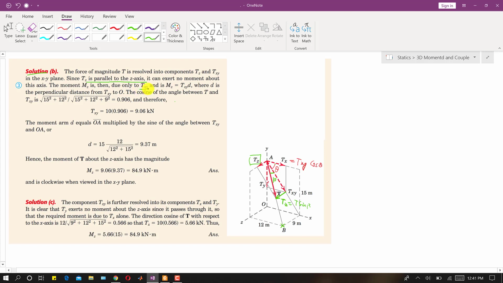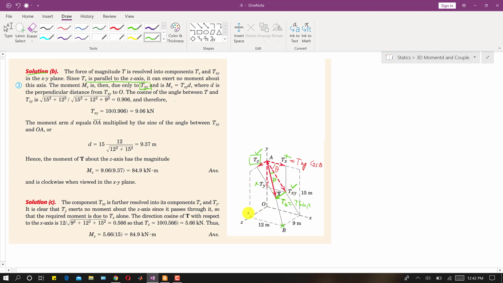So far we will not discuss Tx and Ty. Tz is parallel to the z-axis and Txy is in the xy plane, so only the Txy component is producing the moment.